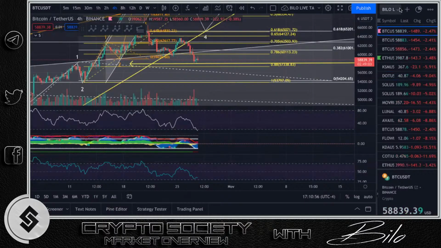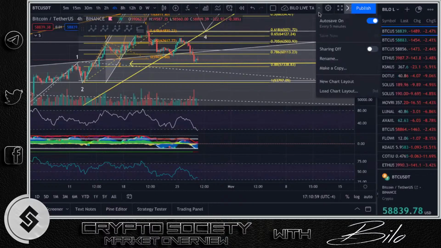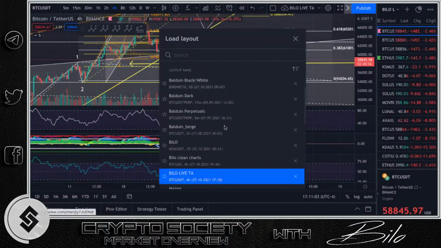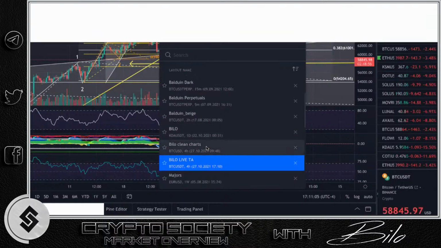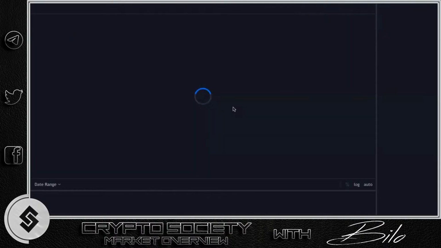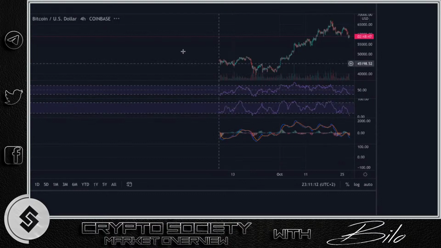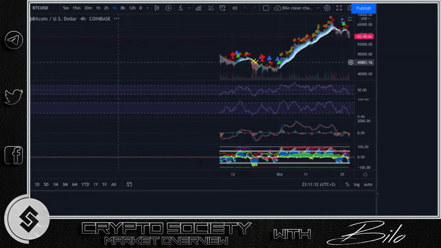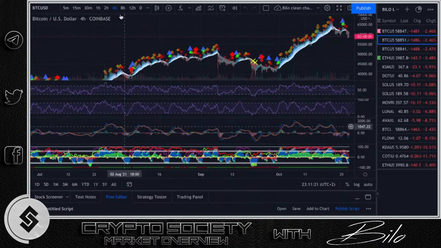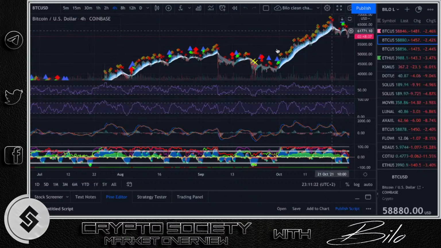Okay, I'm just going to go to a clean chart, because I created this today. You can just click the eye down at the bottom on the left hand side, and it will just remove the drawings. No, check this out. I did something else. Bumpy, help me out. How do I get rid of this?